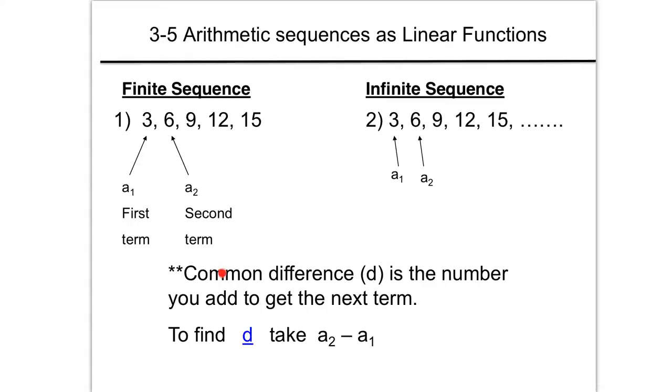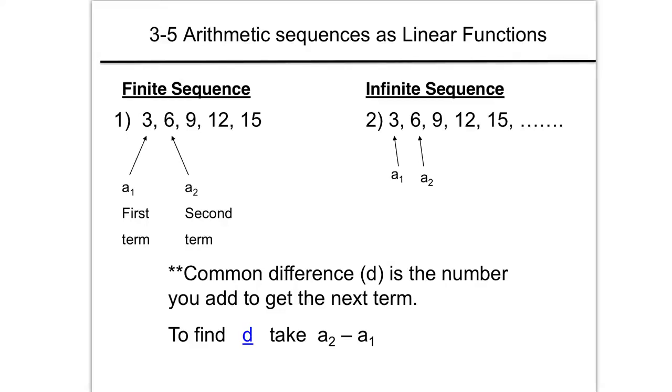Now, the common difference. For a common difference, we use the variable d. You see the d there. It is the number that you're adding to get to the next term. And that's the actual pattern. An arithmetic sequence is when you add a number to get to the next term. That's how we know it's arithmetic. Now, there's something that you also have to understand.